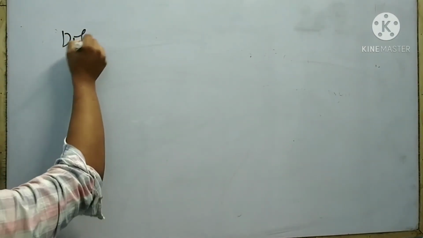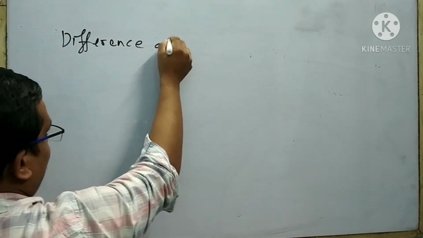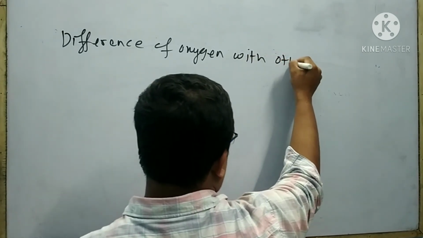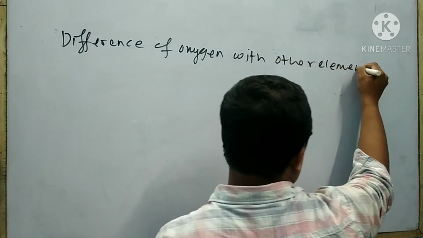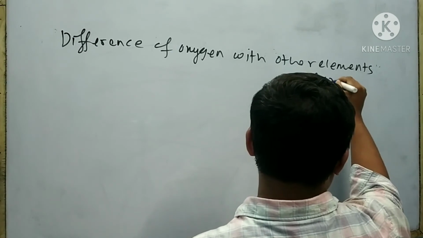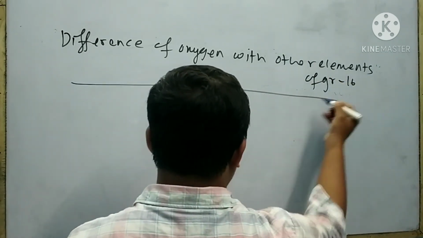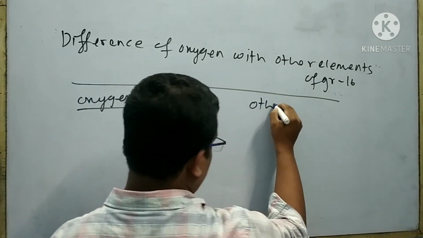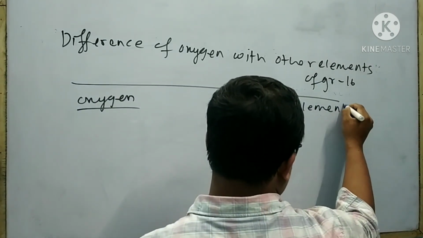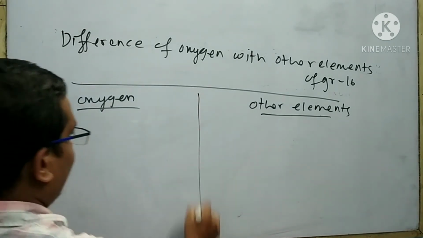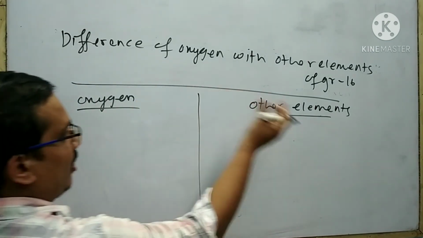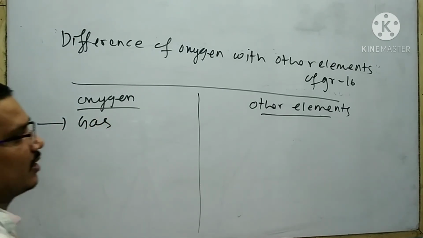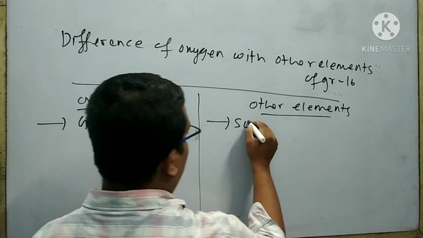Next I will discuss the differences of oxygen from the other elements of group 16. If I compare oxygen with the other elements, the first point is oxygen is a gas while other elements are solid.